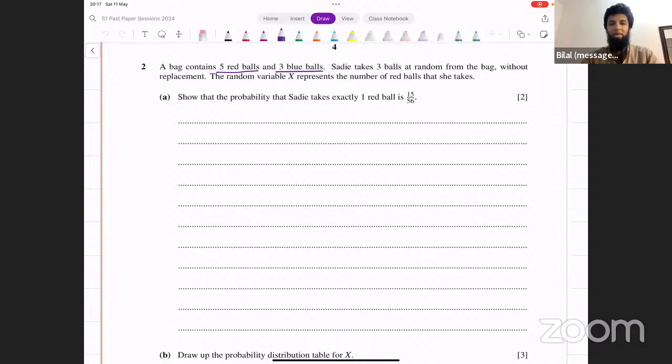Okay. So you have a bag that contains 5 red balls and 3 blue balls. This person takes 3 balls at random from the bag without replacement. The random variable X represents the number of red balls that she takes. Show that the probability.